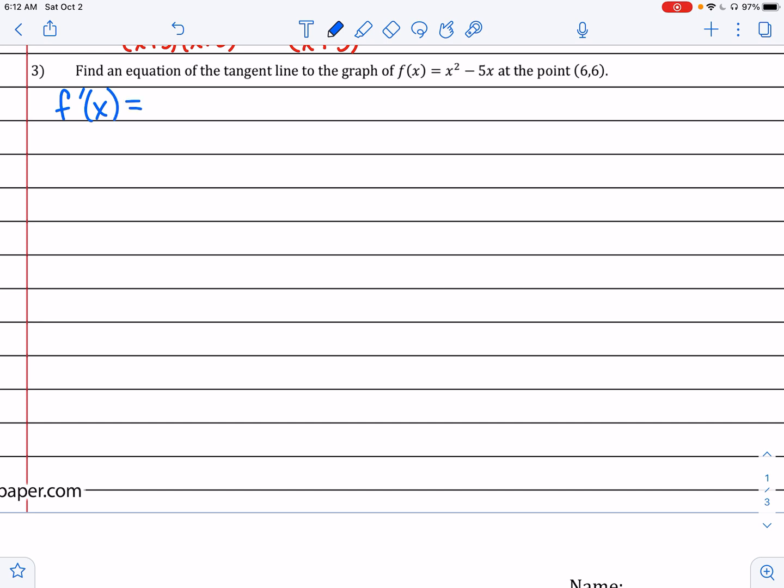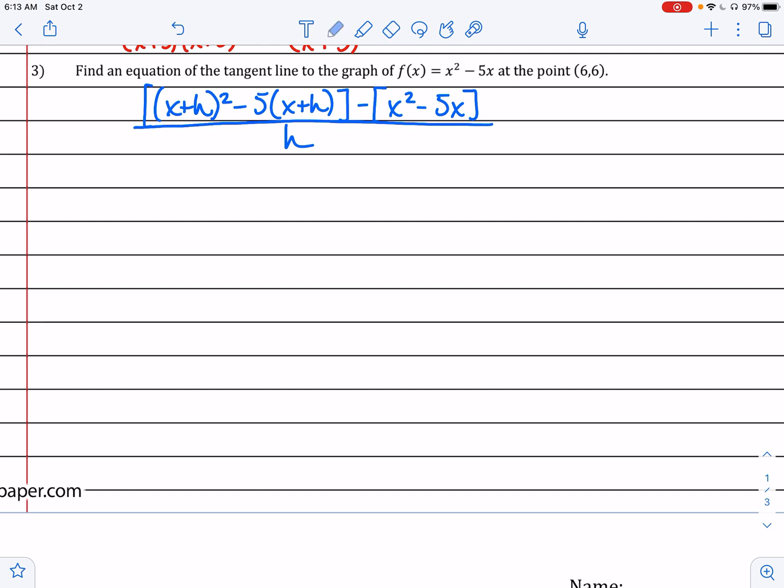So I'm going to say f prime of x equals f of x plus h minus f of x all over x plus h minus x. Oh, I almost forgot the limit. That would have killed me.